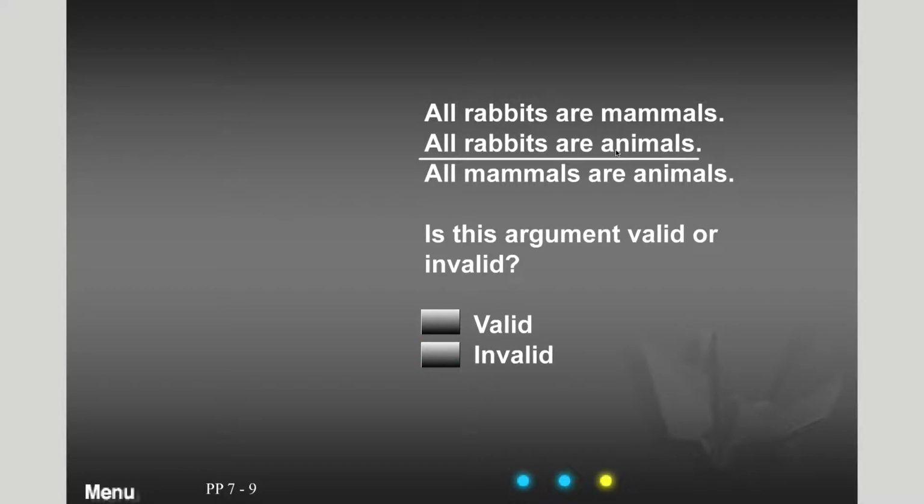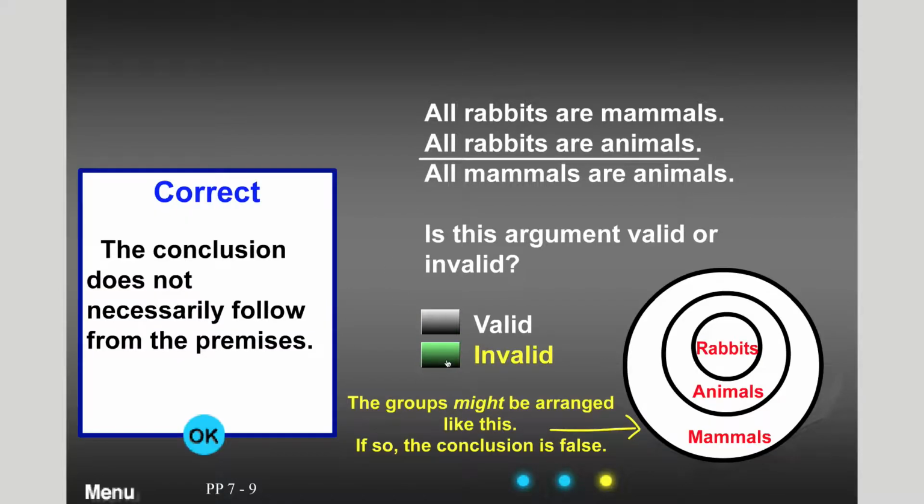All rabbits are animals. But it doesn't tell us anything about mammals in general, that all mammals would be animals. All we know are about rabbits. This is what is being told to us, that they happen to be mammals and they happen to be animals. But it doesn't tell us deductively what mammals are.